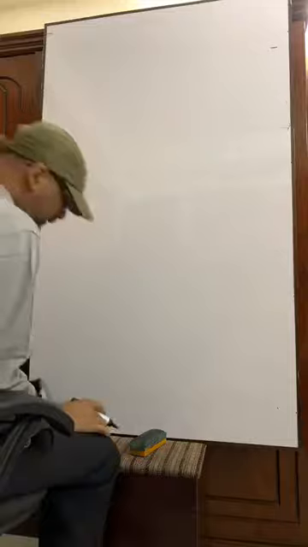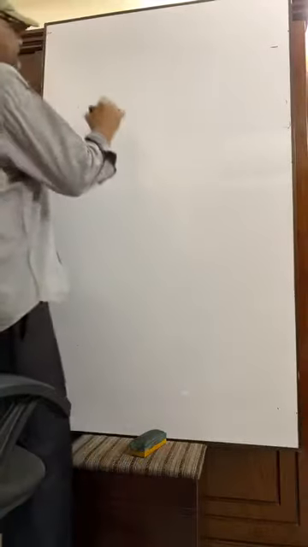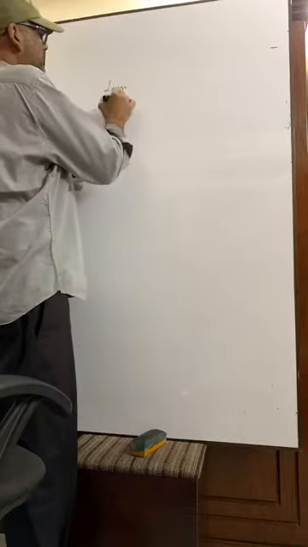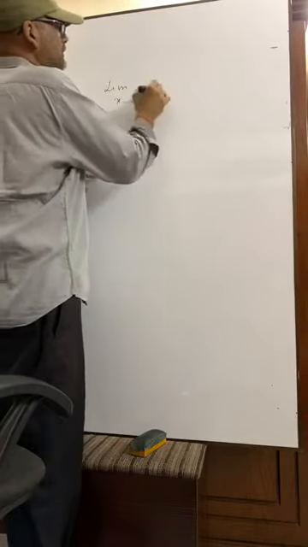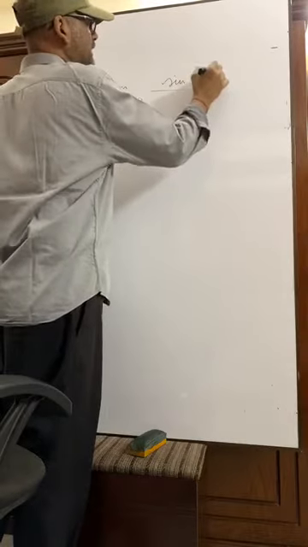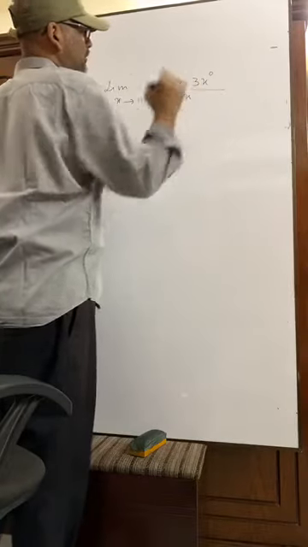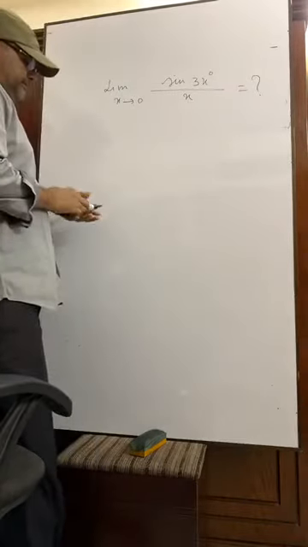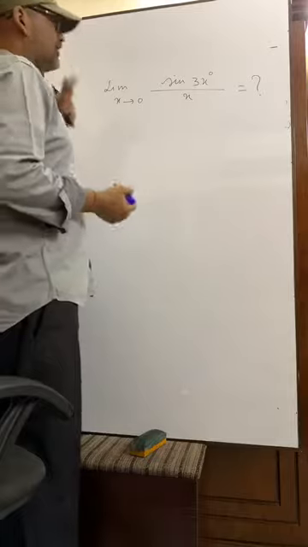Let's do some maths from limit. Suppose limit x tends to 0, sine 3x degree by x. What is the value of this? Do it. At first, what is to do?